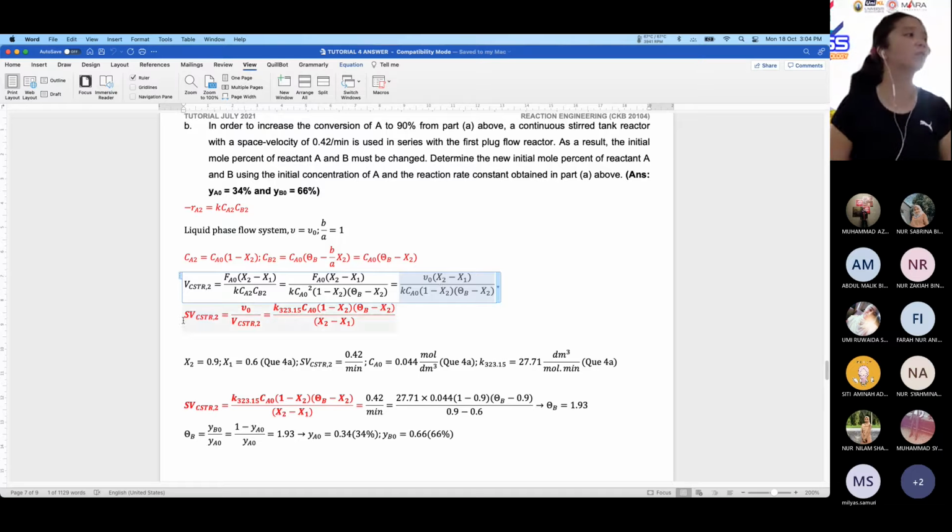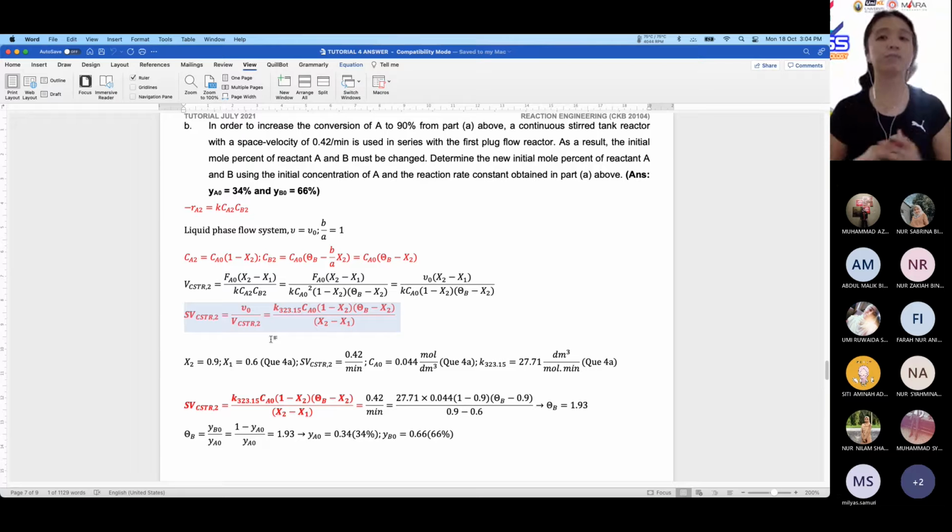So you will get space velocity for the second CSTR equals to K. Okay, yang bahagian bawah ni, yang kanan bawah ni jadi pengatas. So K CA0 1 minus X2 theta B minus X2 per X2 tolak X1 ni akan pindah ke bawah. Kita dah bawa ke sebelah sana kan, kita dapat equation ni.